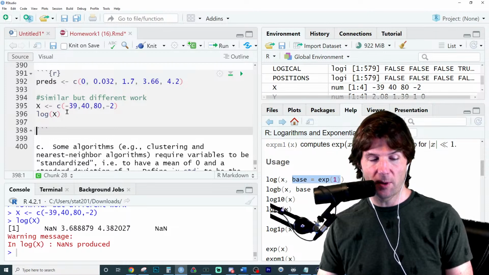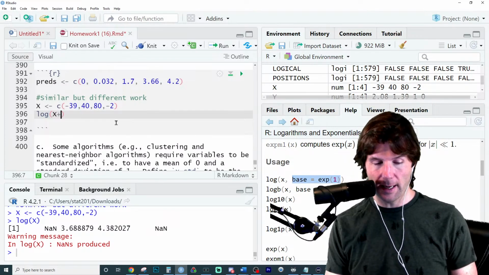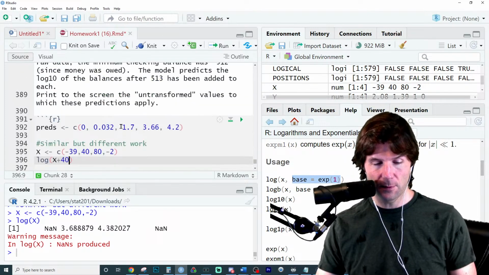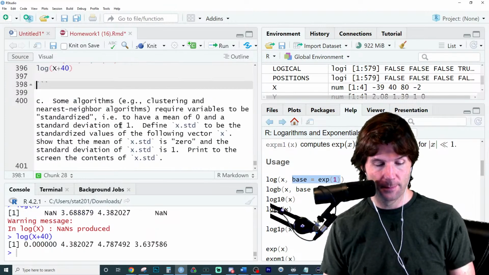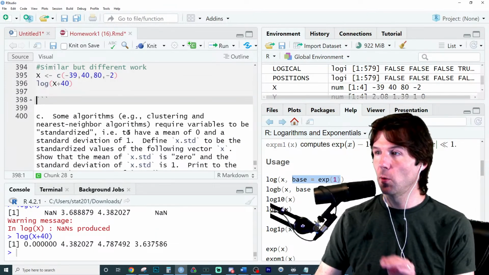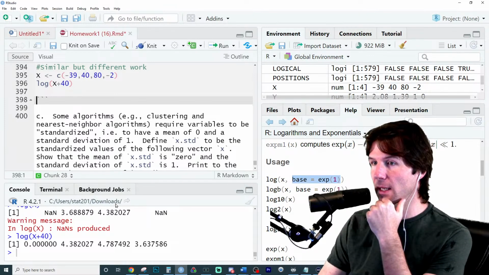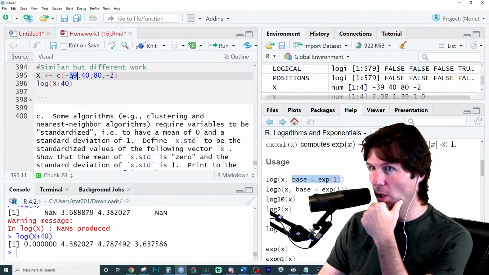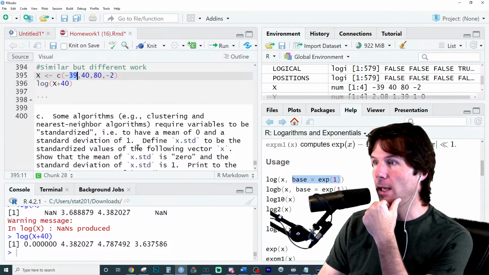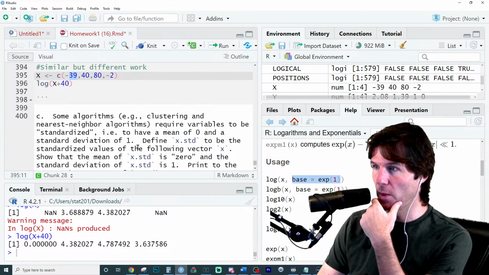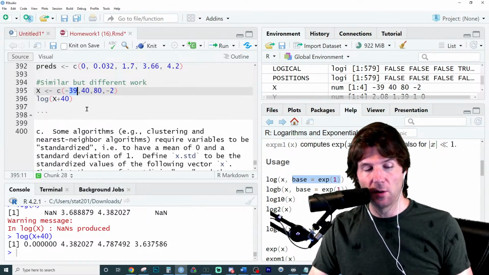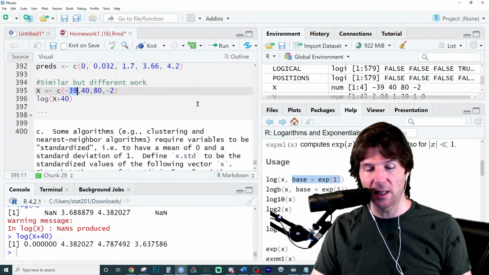To fix this problem, we're going to add 40 to it. Now we're adding 40 and then log base e-ing it. Since the minimum value becomes 1, when we log base e it, we get 0. So this is similar but different work where we've logged base e something.